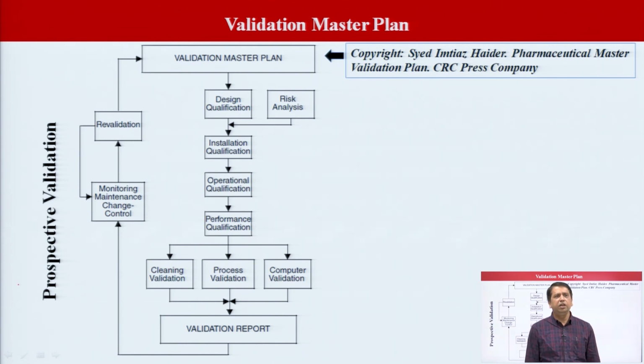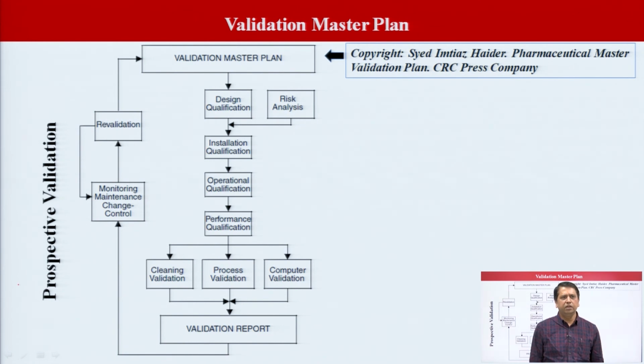Now, here you can see the validation master plan of prospective validation. In the topmost part you can see that while preparing the validation master plan of any prospective validation, first of all we need to perform the design qualification, installation qualification, operational qualification and performance qualification of whatever facilities or equipment that we are having.